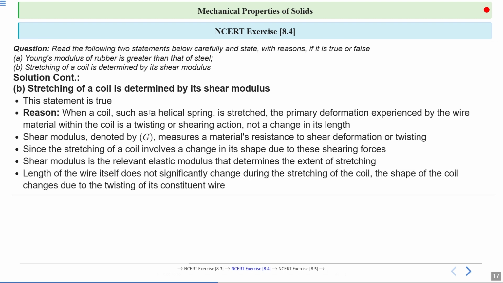So when you stretch a coil, the length of the wire itself does not change much. Instead, the shape of the coil changes because the wire twists. That's why the shear modulus is the most important factor in determining how much a coil stretches.